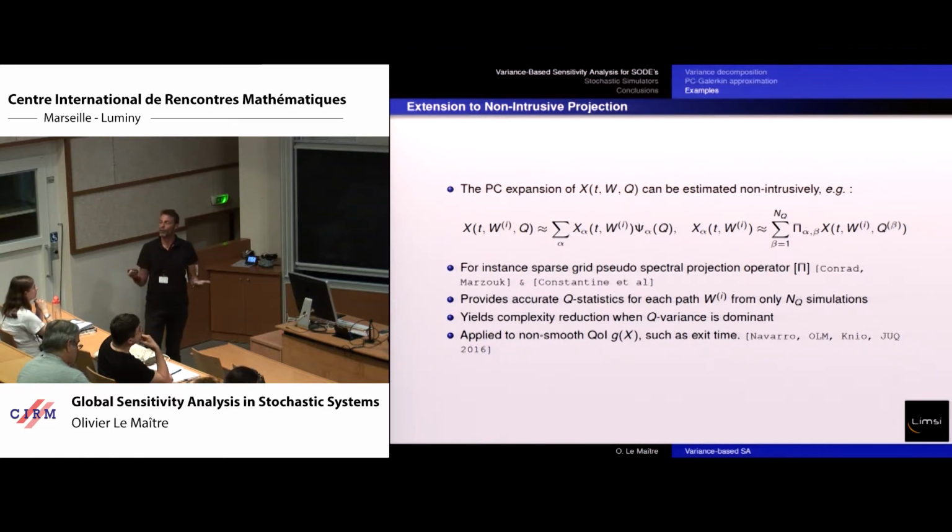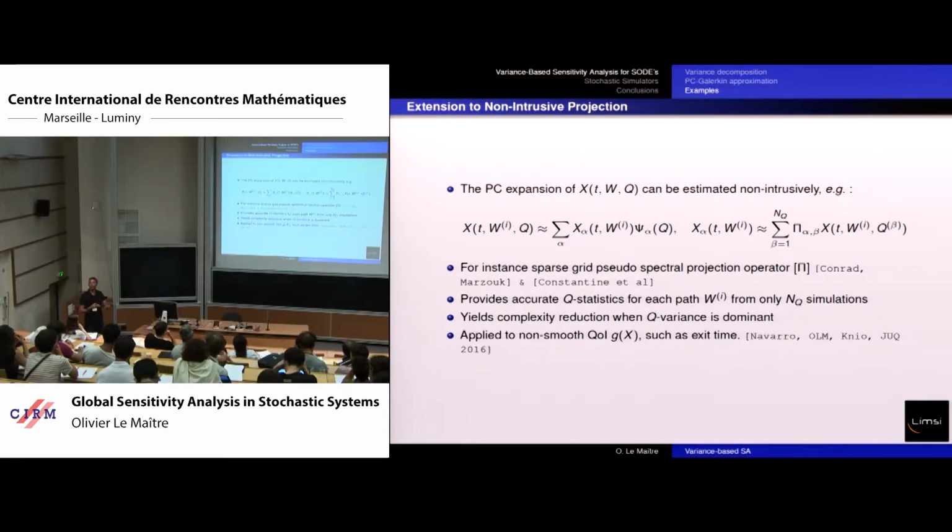And if most of the variance is carried by the parameter as opposed to the Wiener process, this can be extremely effective. But there remains a lot of work to really analyze and come up with algorithms that balance the parametric error and sampling error, and do something very effectively.